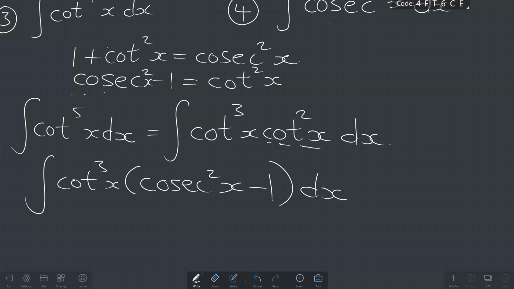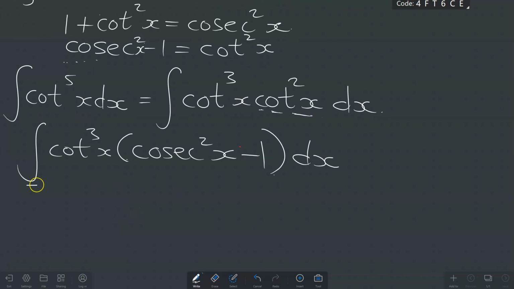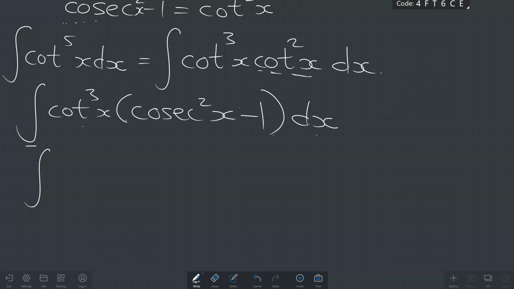Now we expand this bracket by multiplying it with the cot cubed of x and the dx. What do we get? For the first part, we get the integral of cot cubed of x cosec squared of x dx.